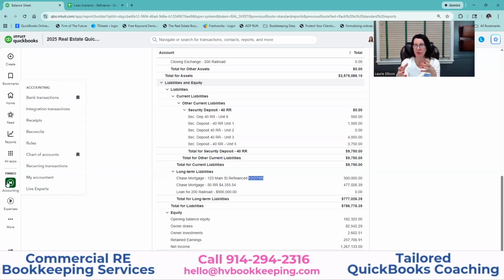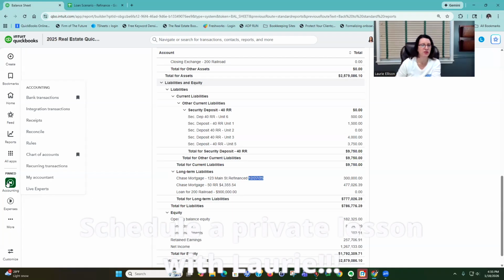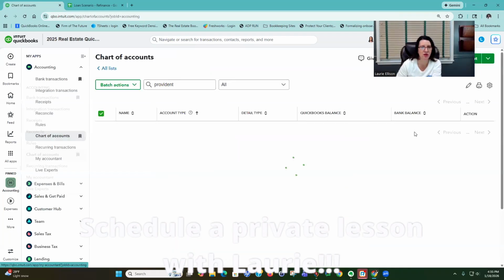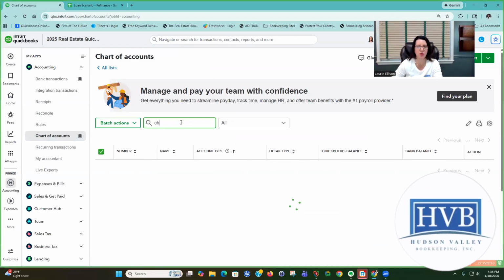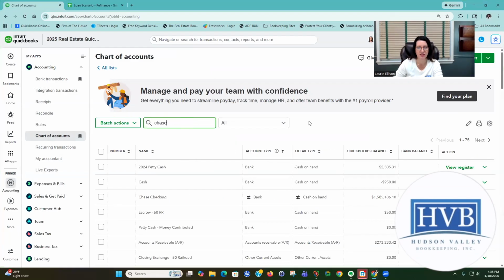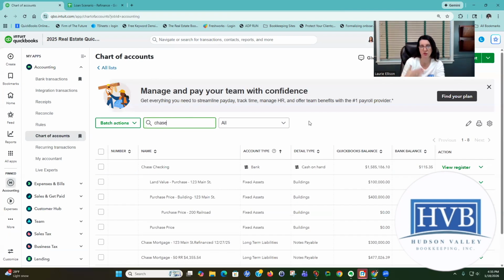So it's basically a bucket where the ins and outs and all the charges go into, and it's only correct if it nets to zero after you have posted your entire paperwork. Okay, so I'm going to go over here to chart of accounts, and I know that Chase needs to be paid off. So I'm going to pay off the Chase. That's one of the steps. That's the most logical piece: a refi means that one's wiped out, right?